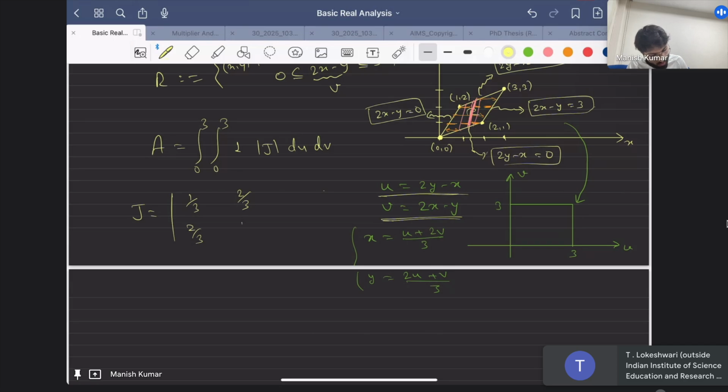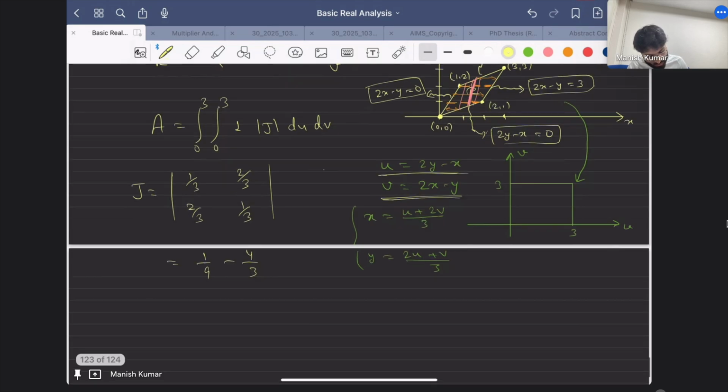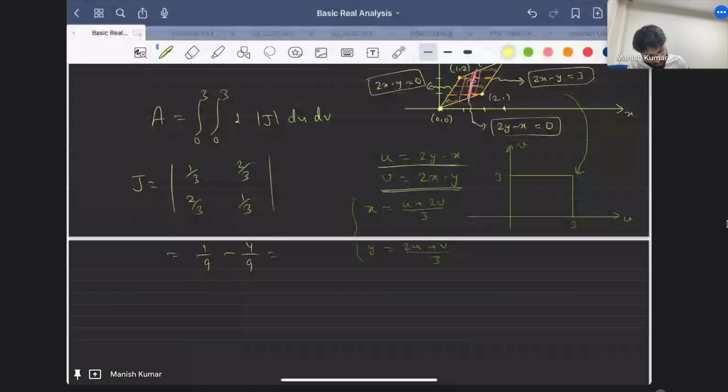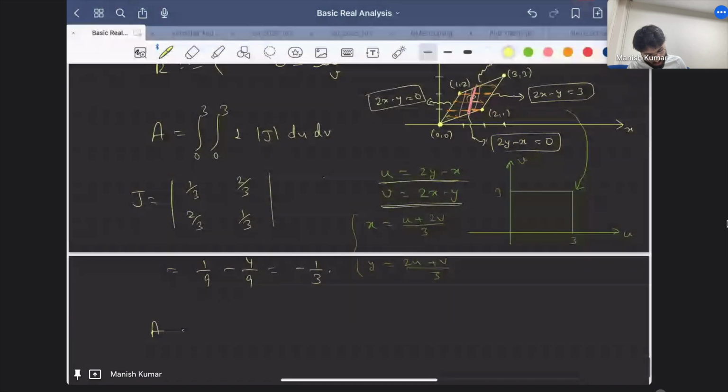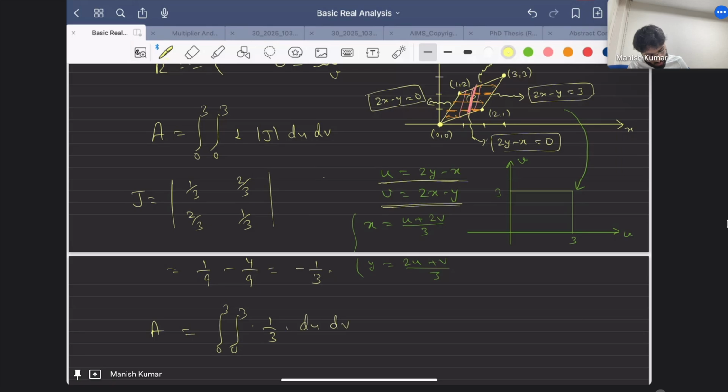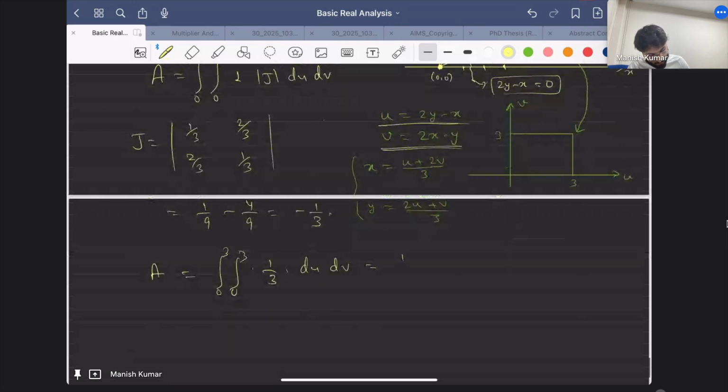So this would be 1 by 9 minus 4 by 9, which is minus 1 by 3. So A would be the integral from 0 to 3, 0 to 3, of 1 by 3 du dv, which gives 1 by 3 times 9, which is 3. So this is the first part.